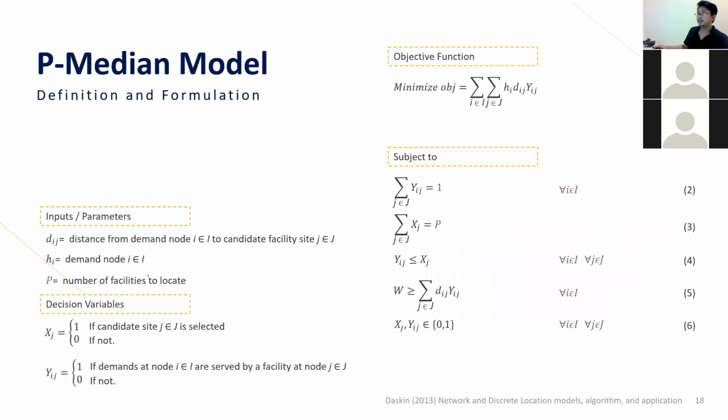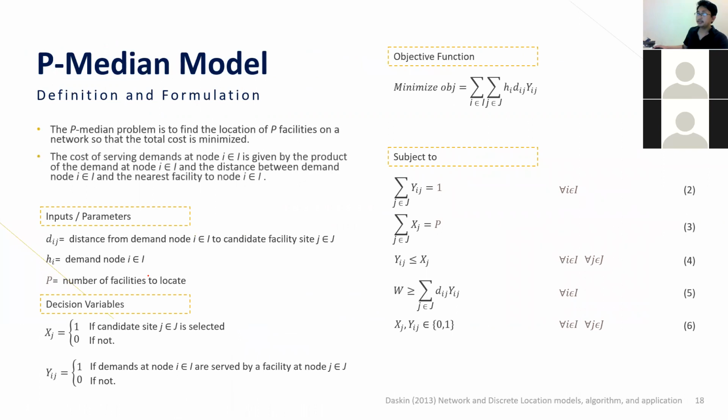Okay, you can see the model here. We can utilize the same notation like demand or distance. Demand here, hi, for each node, distance from one node to another, and the number of facilities being located.